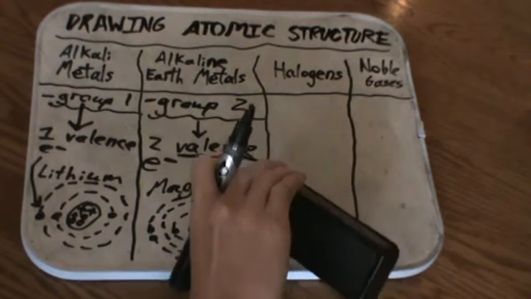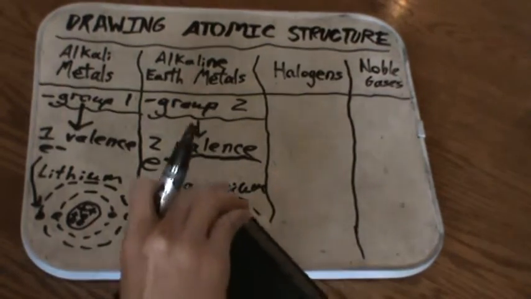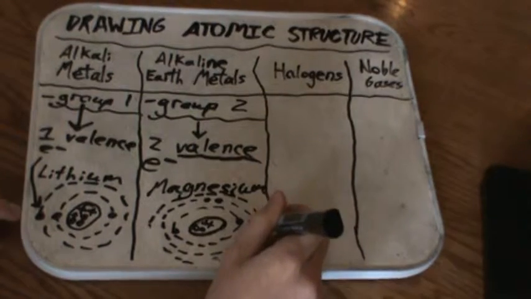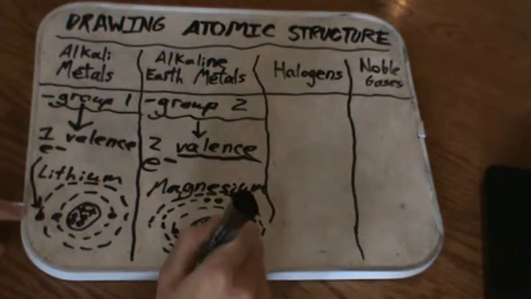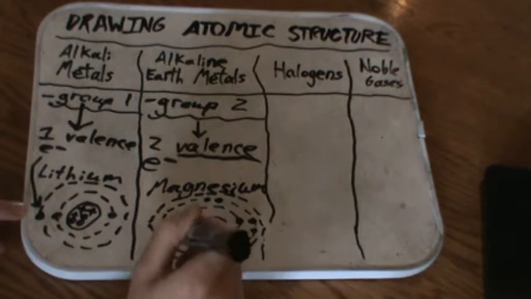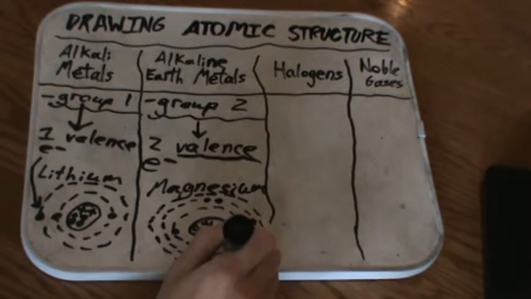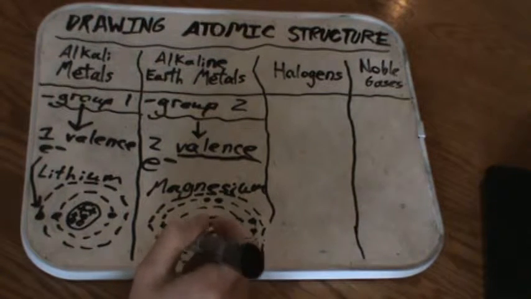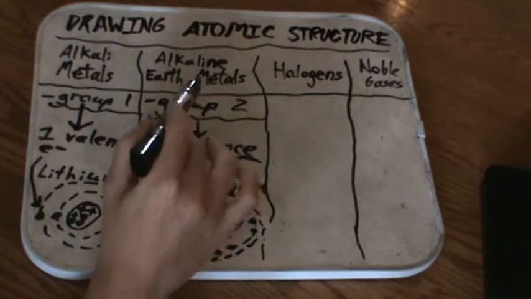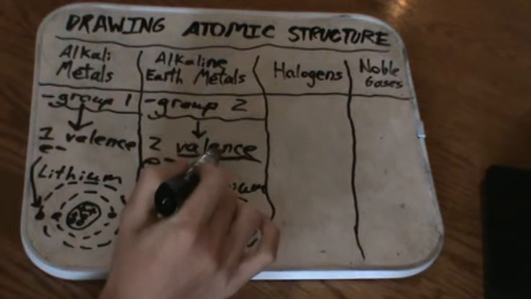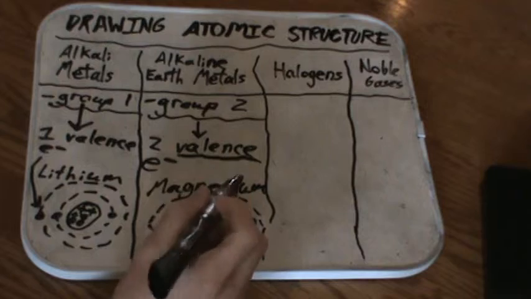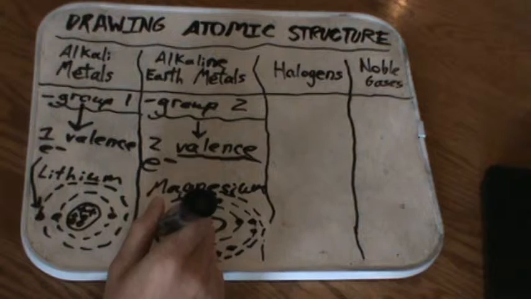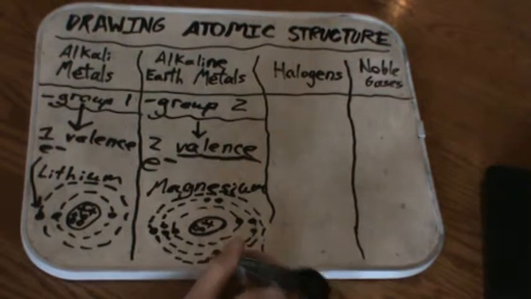We have to put them in the right energy level. Otherwise, chemistry gods will be upset with us. Okay, sorry, I'm fixing. Okay, so now add electrons. Now the outer energy level, because the alkaline earth metals are group 2 metals, means that they will have 2 valence electrons, so two electrons.